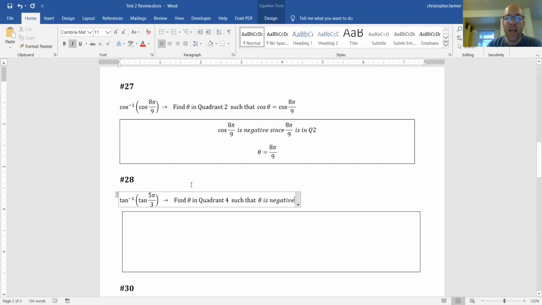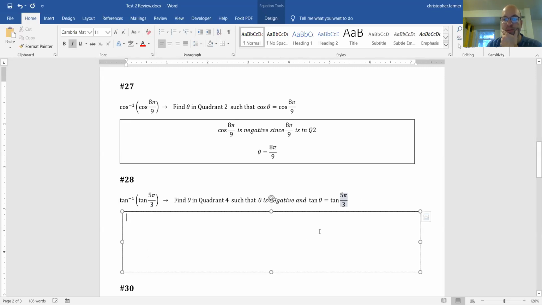We're looking for a negative angle in quadrant 4. And along with that, we still need to have the same relationship we had up above. That tangent inverse is going to give us an angle theta, and when we take tangent of that angle theta, we better get whatever we have inside the parentheses. So we're looking at tangent of 5 pi over 3.